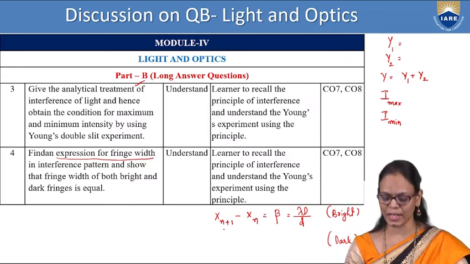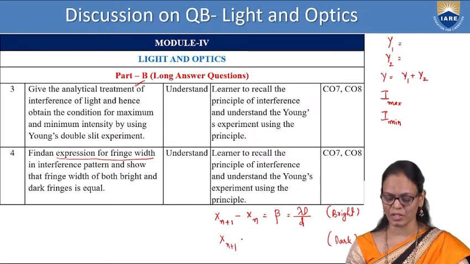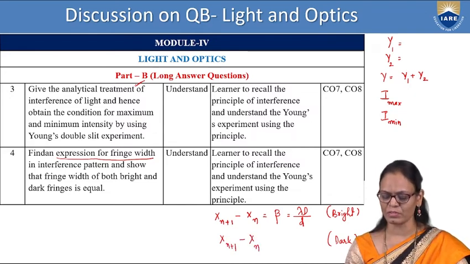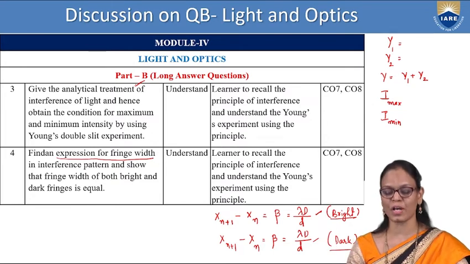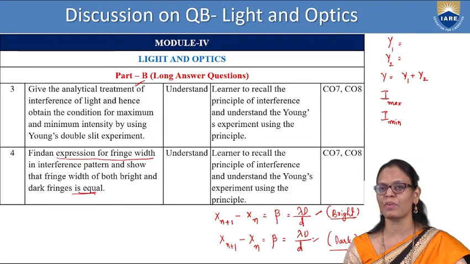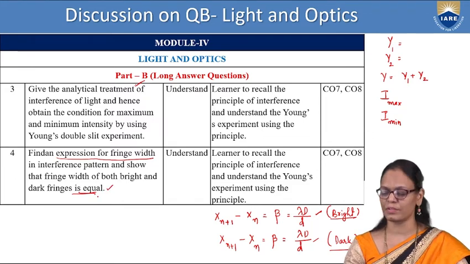Again, keeping that condition, you find x(n+1) for the dark fringe and x(n) for the dark fringe. Taking the difference, you get lambda D by d. So this shows that the fringe width between any two bright fringes or any two dark fringes is equal. In both cases you get the same value.